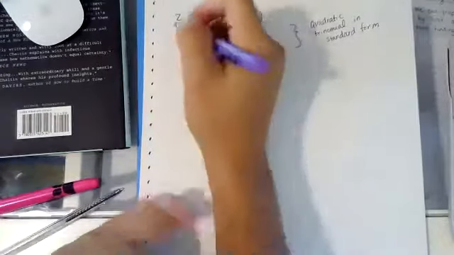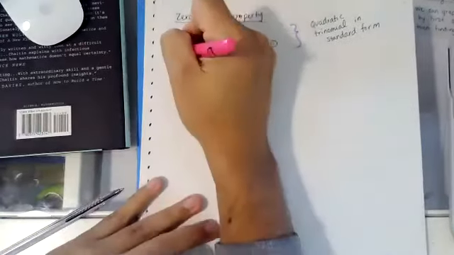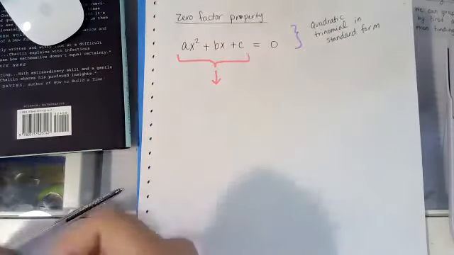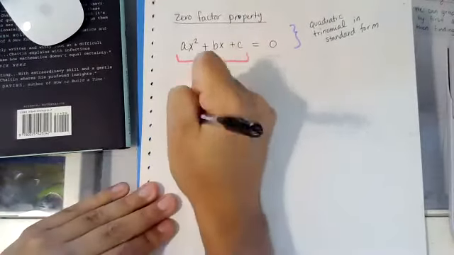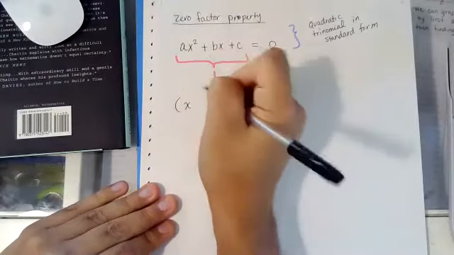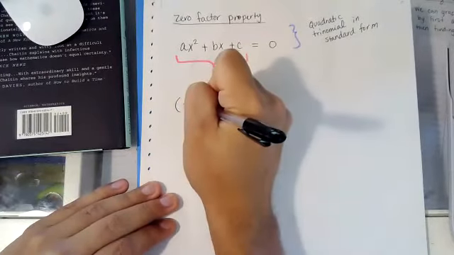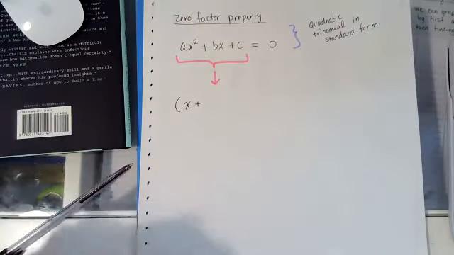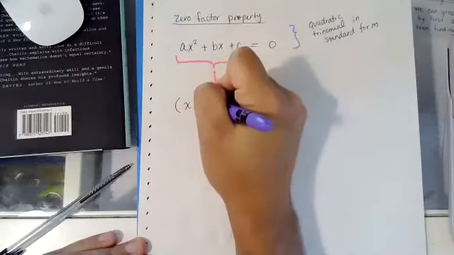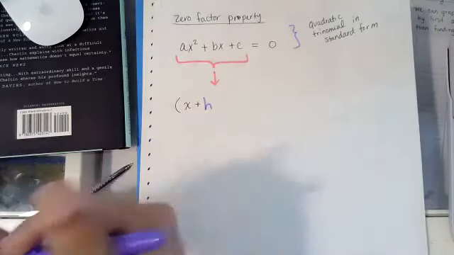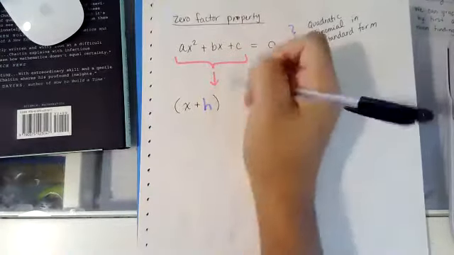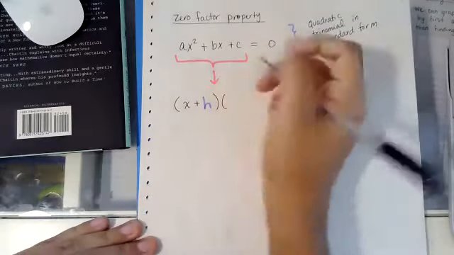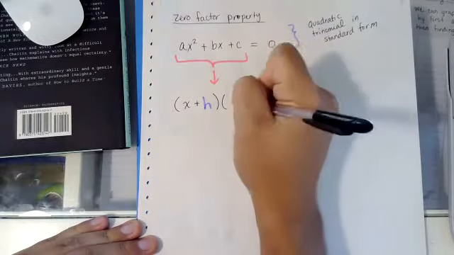If you can take this quadratic trinomial and factor it, you might be able to factor it into something that looks like x plus, let's say, h. I'm just choosing a random letter there, and that letter will change depending on how this particular polynomial factors.